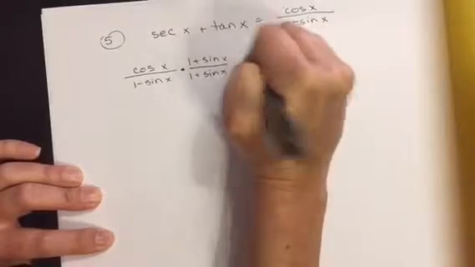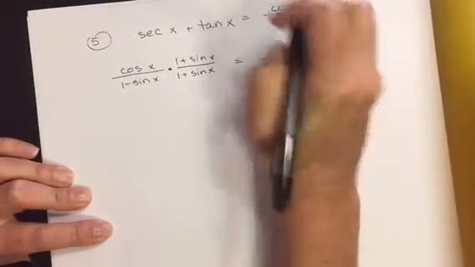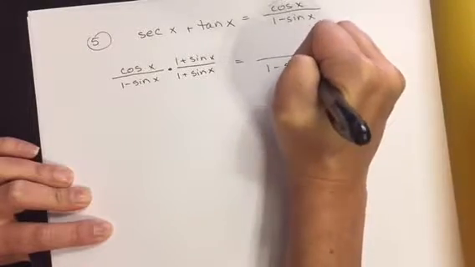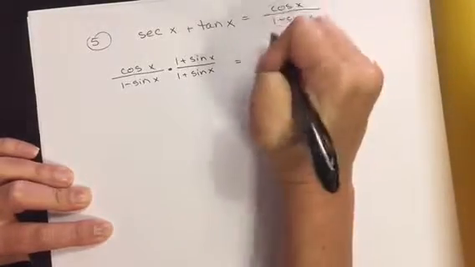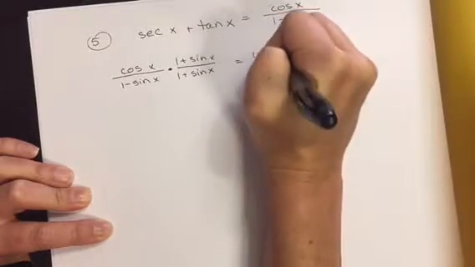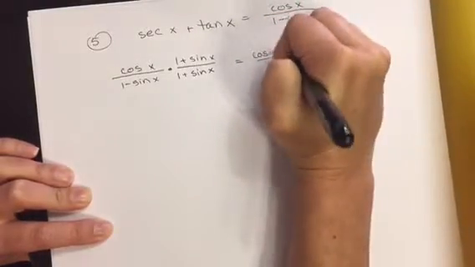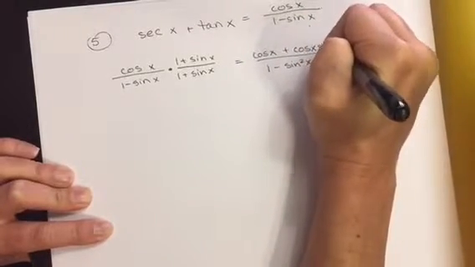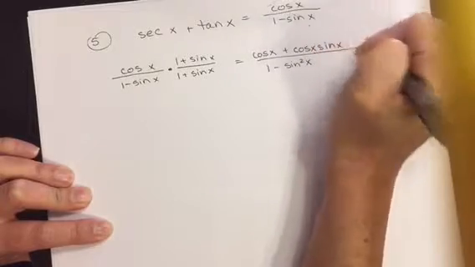So now that gives me 1 minus sine squared x, and then in the numerator it's going to be cosine x plus cosine x times sine x.